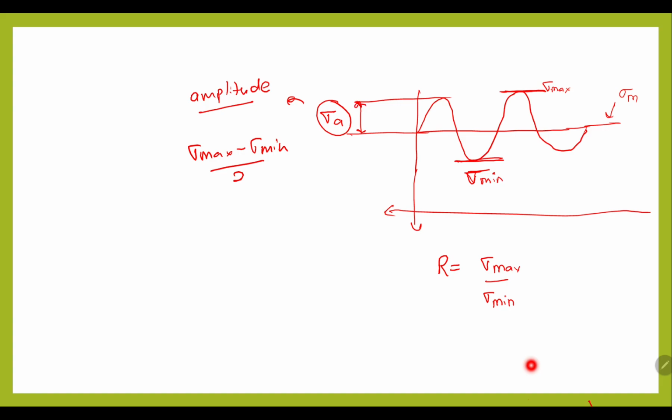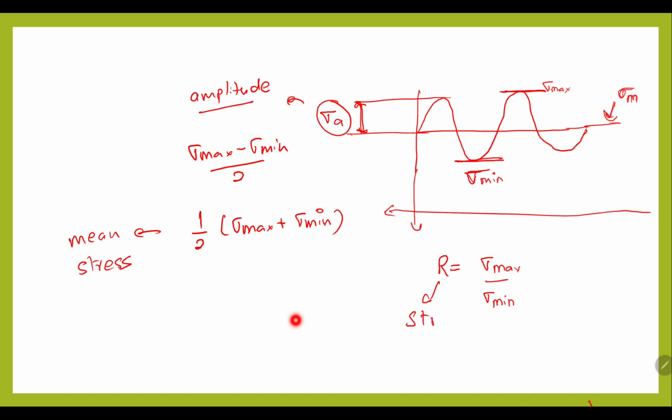Here you can see this is the amplitude, and the second term we define is the mean stress. Mean stress is the middle term between sigma max and sigma min, and it is defined by 1 by 2 times sigma max plus sigma min. This is mean stress. And the last term we define is the stress ratio, which is defined as sigma min by sigma max.